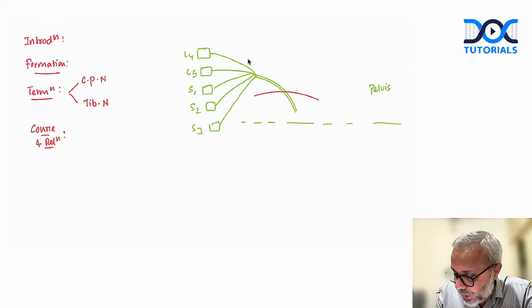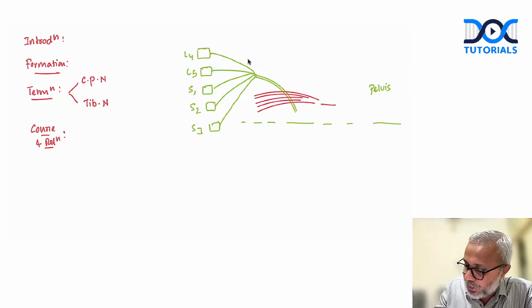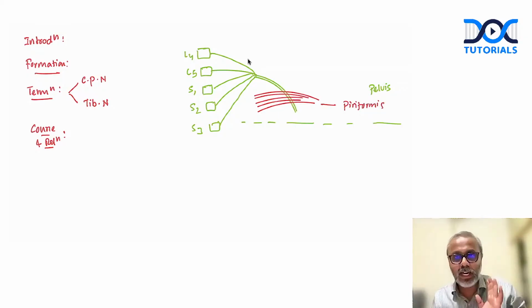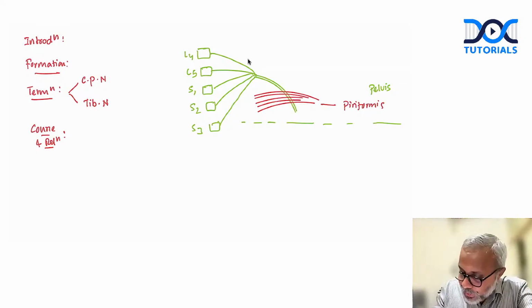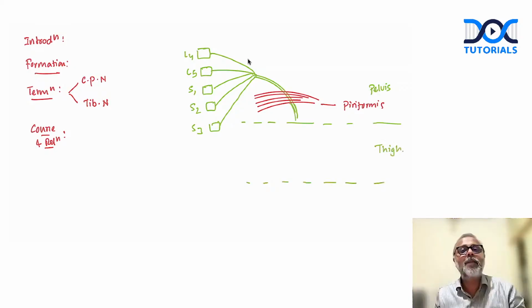So we just need to show a diagrammatic representation of the piriformis muscle. So let's imagine this is our piriformis muscle. Okay. So this is the piriformis muscle, and emerging from the lower border, we have the sciatic nerve. Right. So the sciatic nerve further continues downwards, and let's imagine this is the region of the thigh we are talking about. Right?